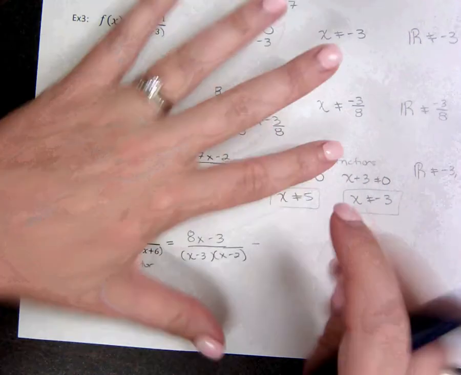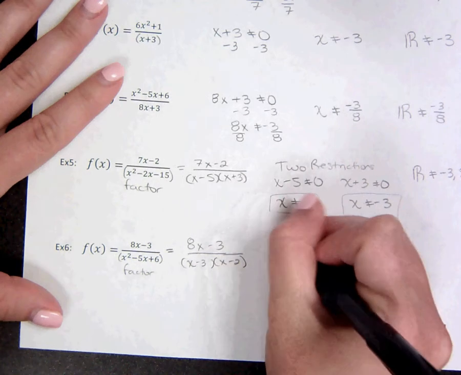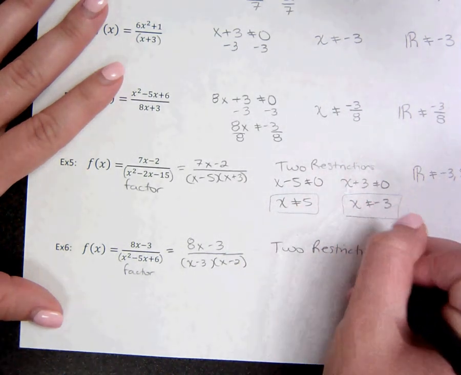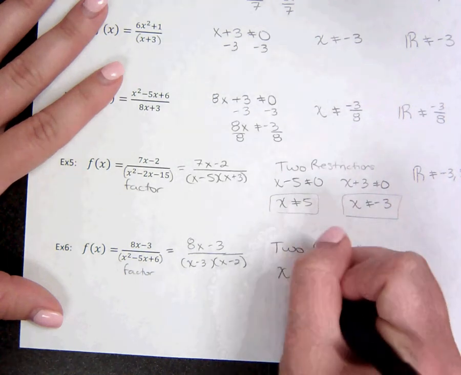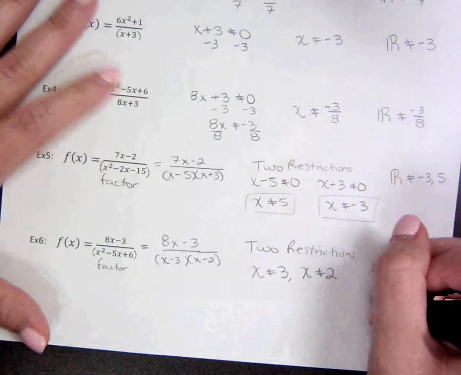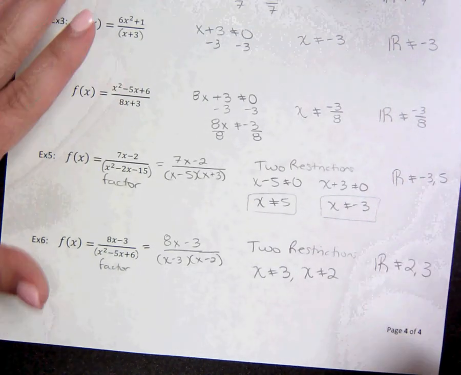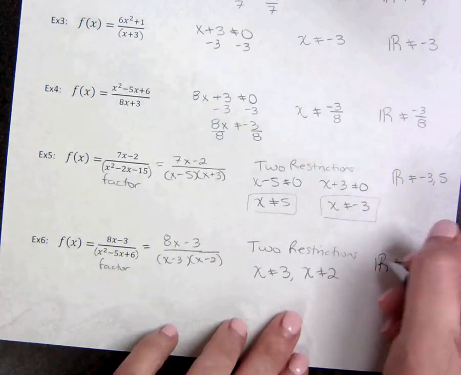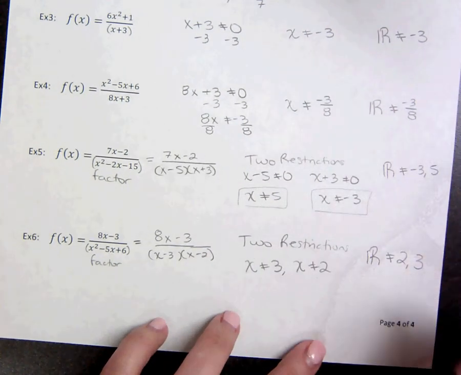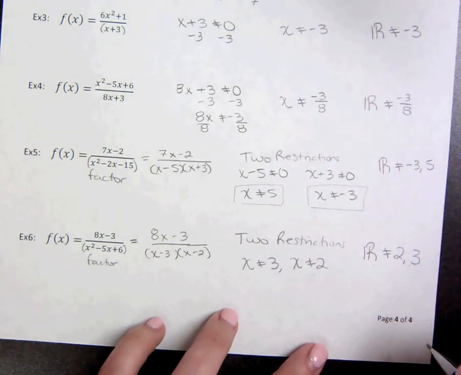So again, that gives us two restrictions, which are x cannot equal 3 and x cannot equal 2. So our domain would be all real numbers not equal to 2 or 3. And I'm not sure which way the homework asks for it. It either asks for the restrictions or it asks you to state the domain. So it would be all the real numbers you can think of, but not 2 or 3.